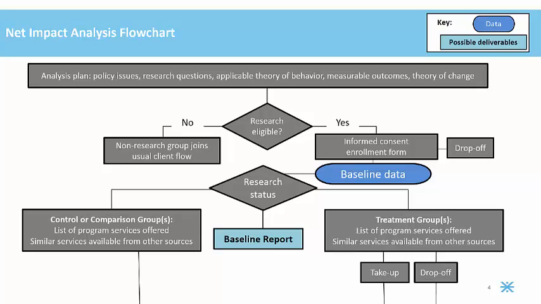Drop-off here is often intentional. You can manipulate the drop-off rate by requiring people to return to your program intake with various kinds of documentation that might or might not be absolutely necessary. Gary Burtless of the Brookings Institution often talks about Cheston's chestnut.